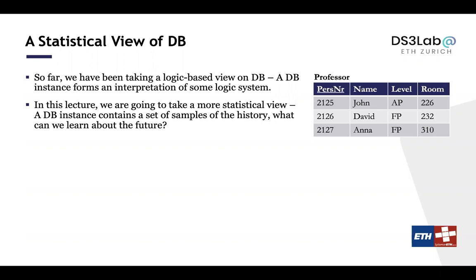So in this lecture, we are going to think about the database instance not as the interpretation of some logic system, but more as a set of samples that you see from history. Our goal is really taking those samples from history and learning something about the future.